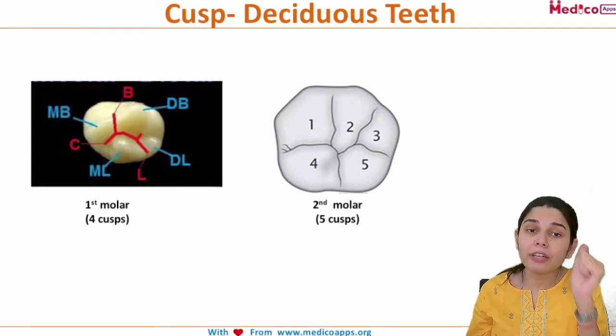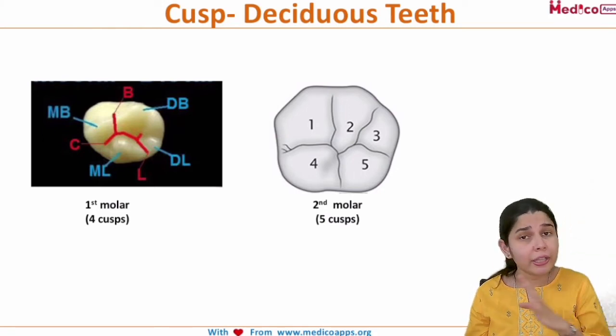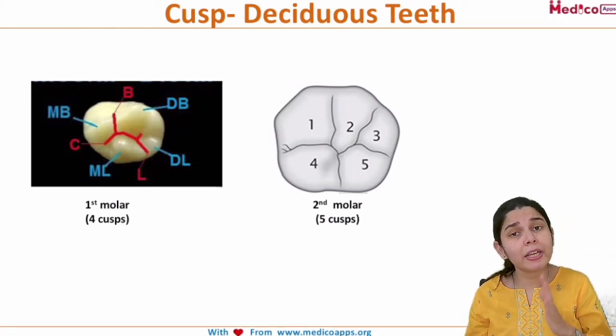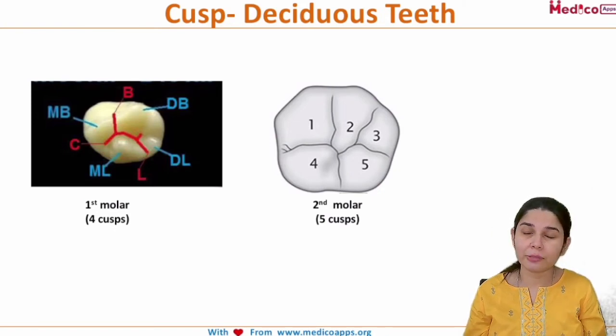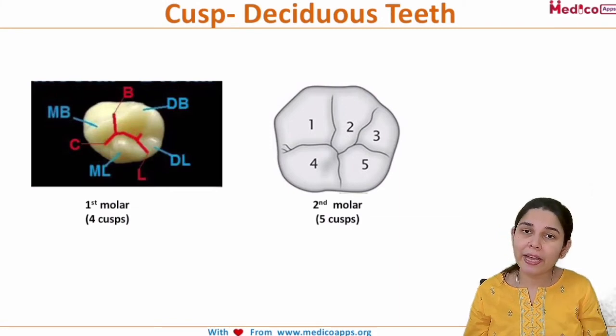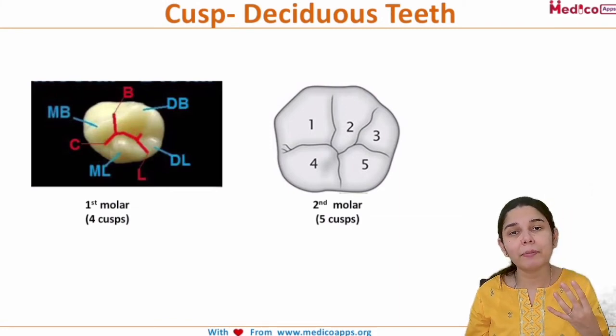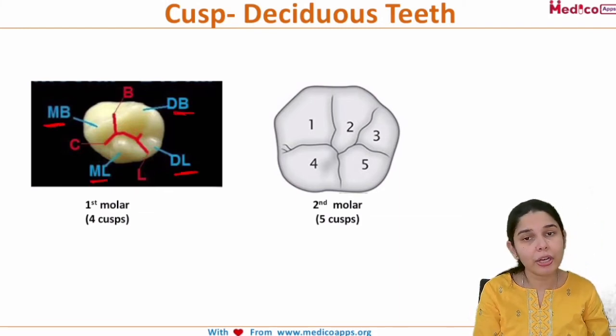Here the first molar has 4 cusps. The maxillary and mandibular deciduous first molar does not have the supplemental cusp, that means the cusp of Carabelli is not present. So automatically there will be 4 cusps: the mesiobuccal, the distobuccal, the mesiolingual and the distolingual.